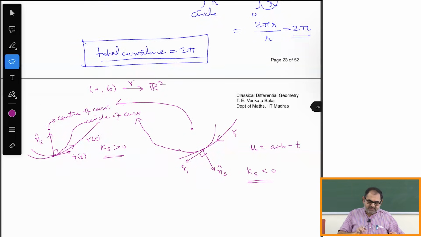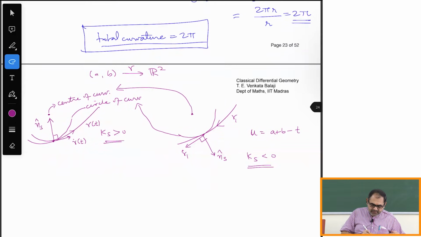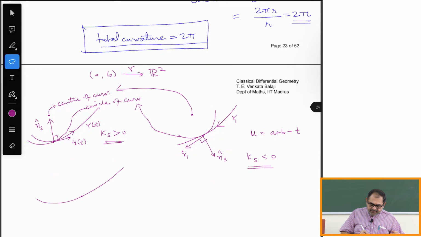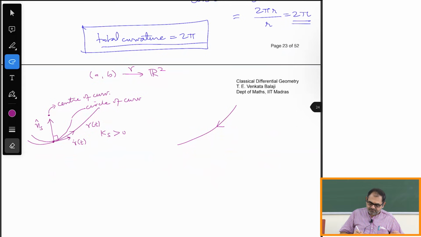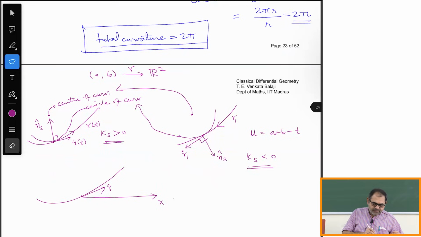What is really happening is a question of how the tangent is turning with respect to a fixed direction. So here I can do the following. I can take the tangent vector, this is gamma dot, and then take the positive x direction, and then take this angle theta.